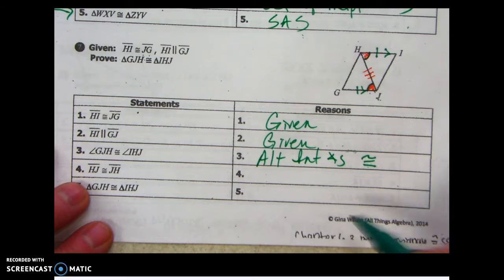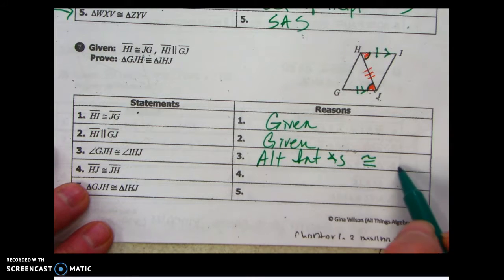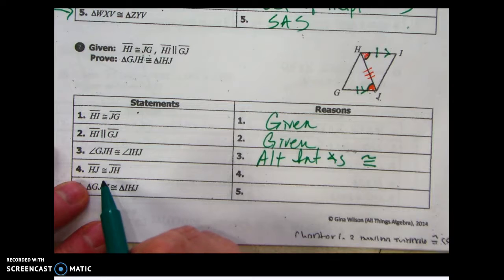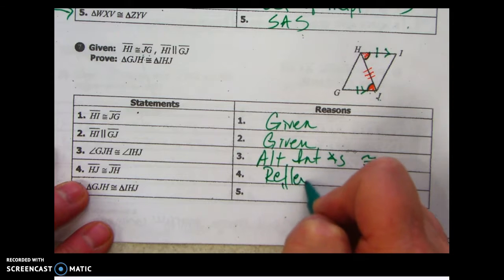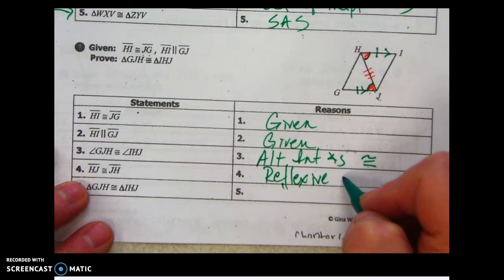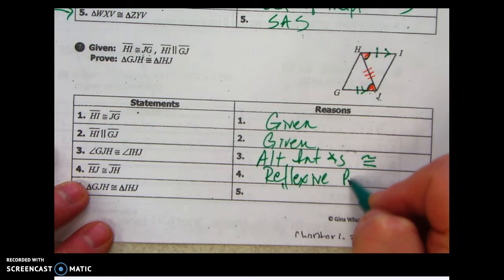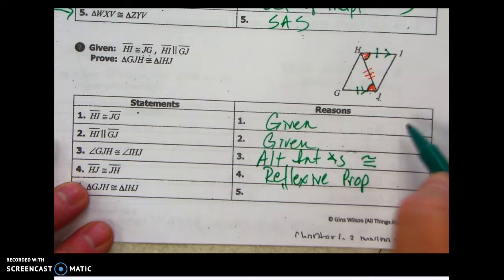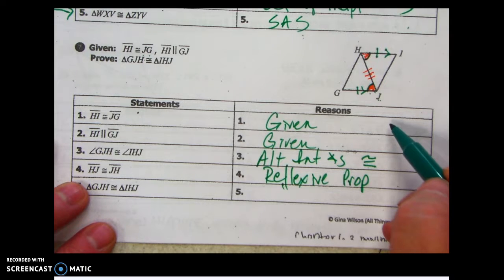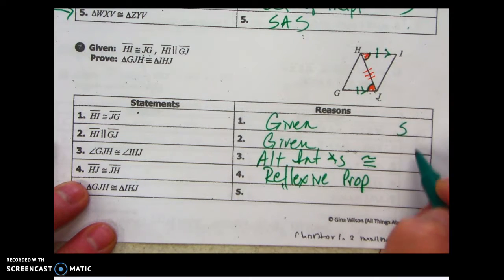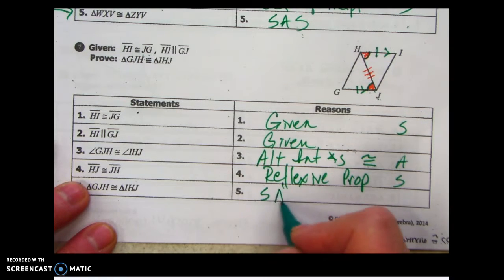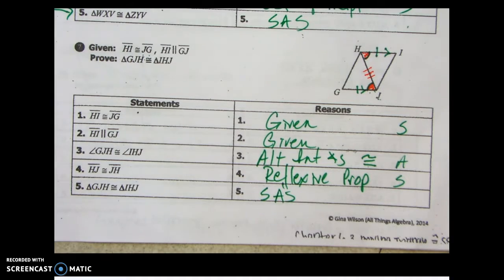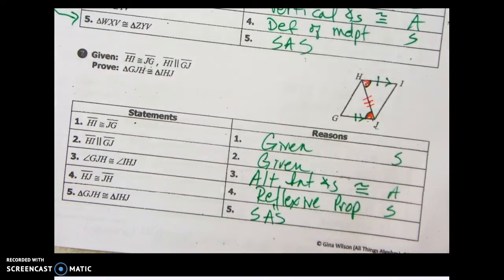I don't have to put the whole parallel line business in there. I can just say alternate interior angles are congruent. And then HJ is congruent to JH by the reflexive property. And I have proven my triangles congruent by side, angle, side. Ta-da, done. Okay? Good luck.